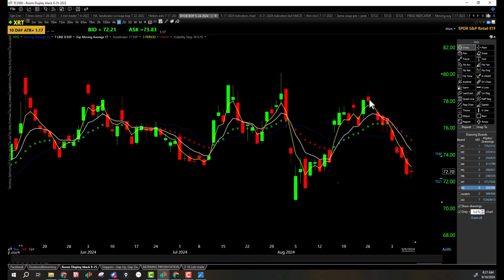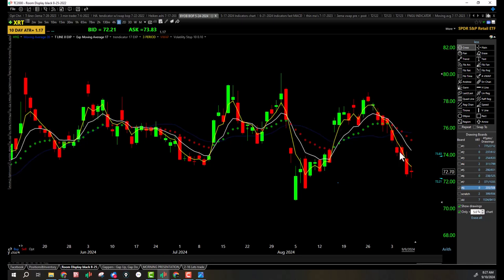Had a nice move up, but no cigar here. Remember, XLI went past that peak, so they earned the uptrend. XRT, not quite ready yet. Okay, has not earned it, has not completed the higher high yet. Now if they reverse from here, creating a higher low, and they take out this high, that will put them in an uptrend. Remember, technically, it's just a label.